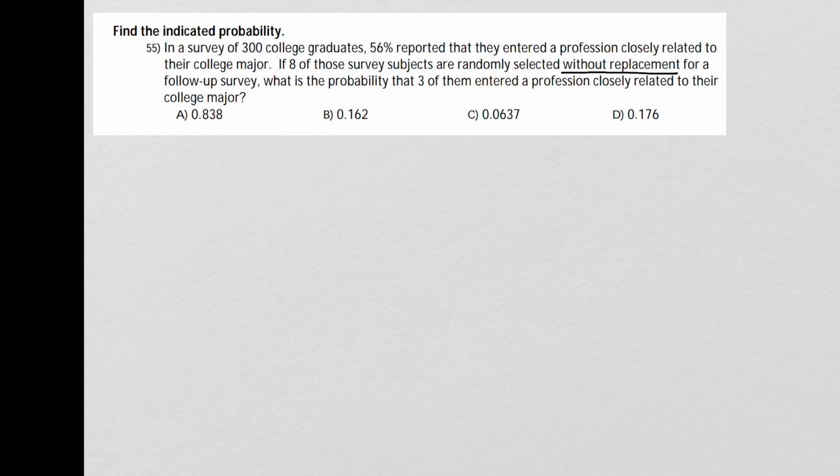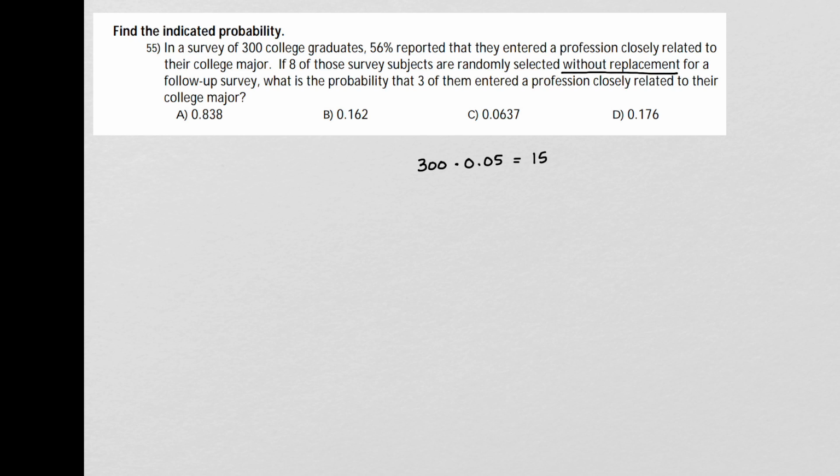So here I'm a little suspicious because it says without replacement. But when I look at how many people there were in the survey, there were 300. So 300 participants, and if I multiply that by 5%, then I get 15.